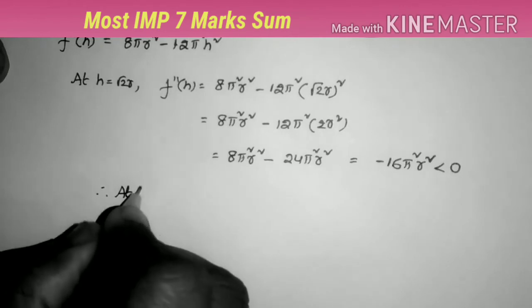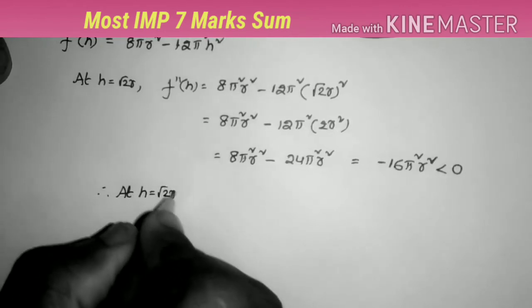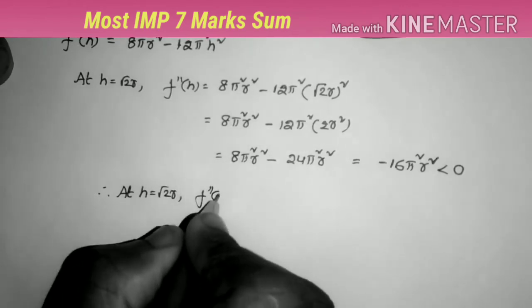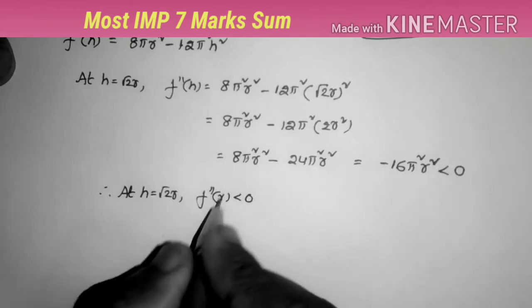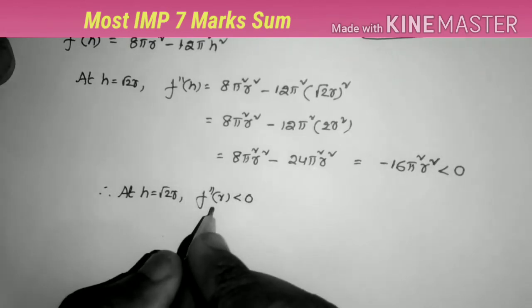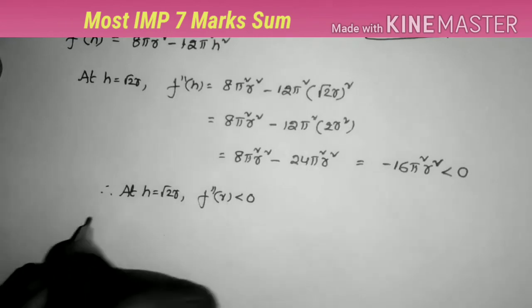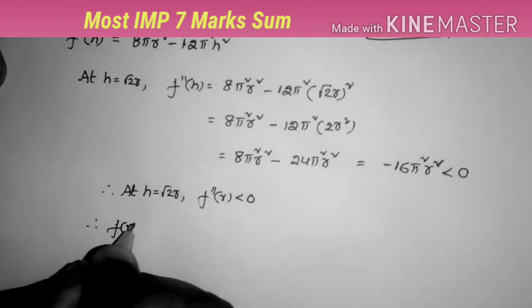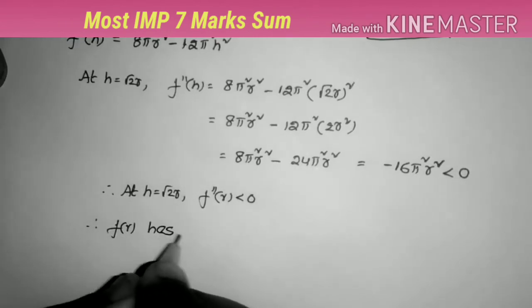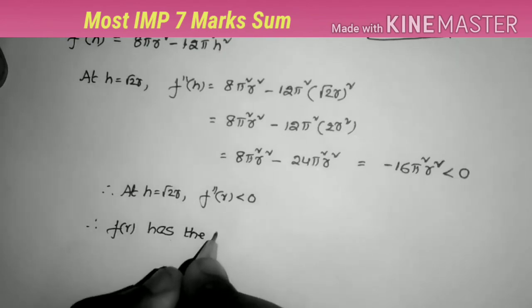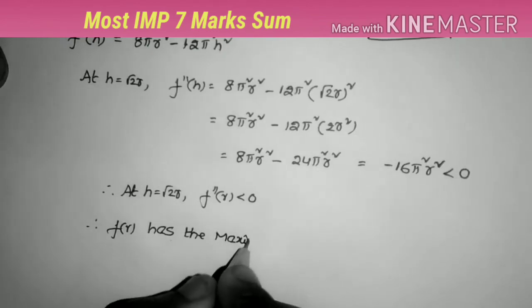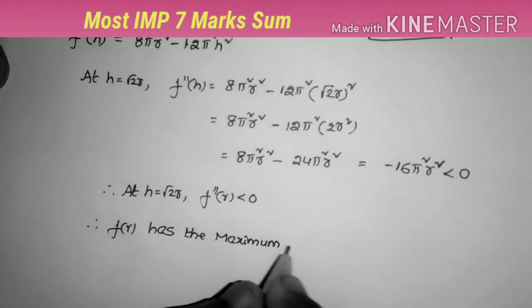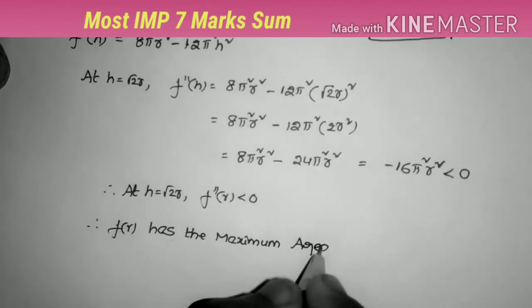That is, at h is equal to root 2r, what do we get? F double dash of r value is less than 0. Less than 0 means the function f of r has the maximum value. Therefore, f of r has the maximum value. But what is f of r? F of r is nothing but the curved surface area of the cylinder.